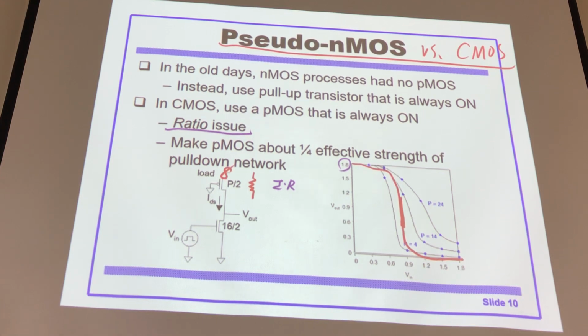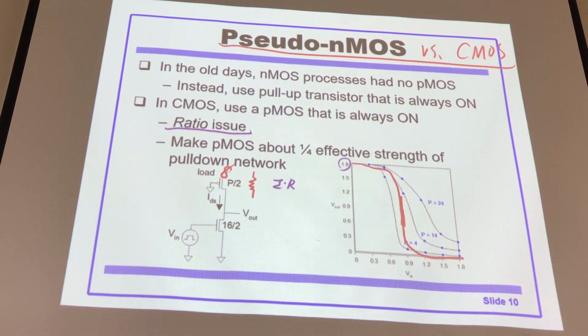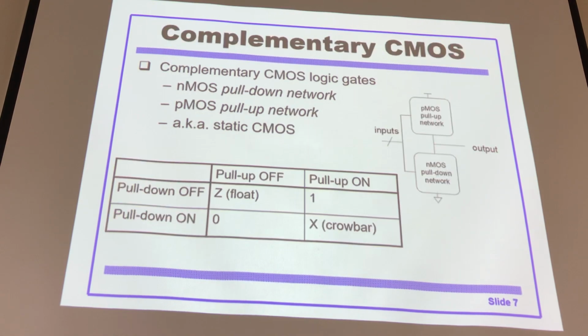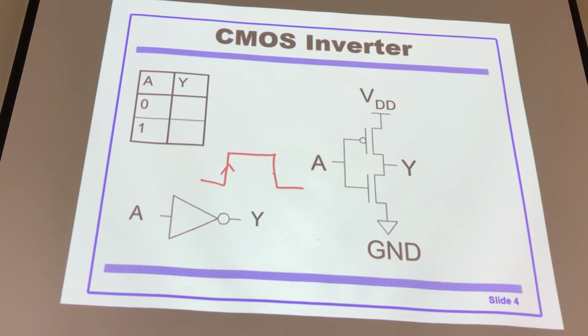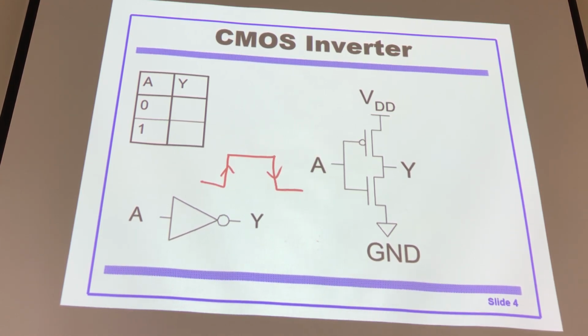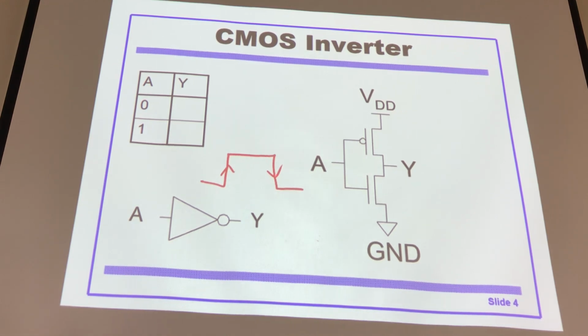For static CMOS, like this inverter, only when you are switching from low to high, or high to low, only when you are switching the two edges, the NMOS transistor and PMOS transistor will enter the transition state.